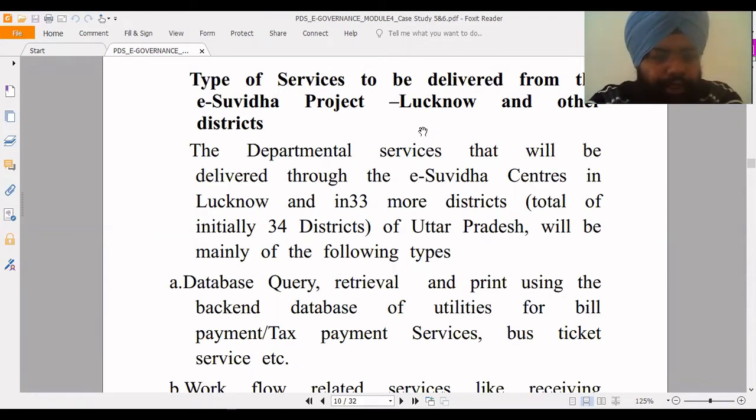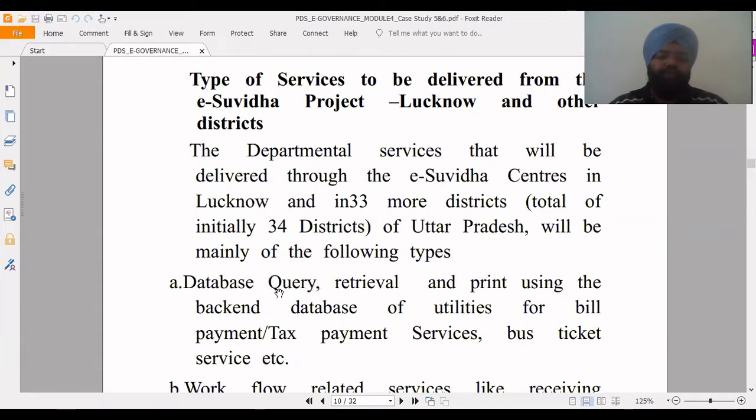Number one, database query, retrieval and print using the backend database of utilities for bill payment, tax payment services, bus ticket service, etc.